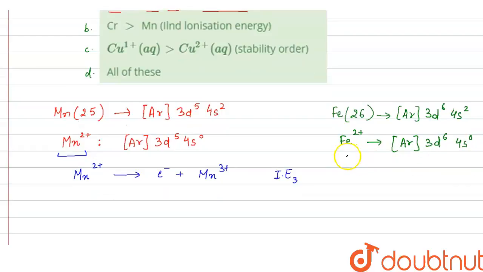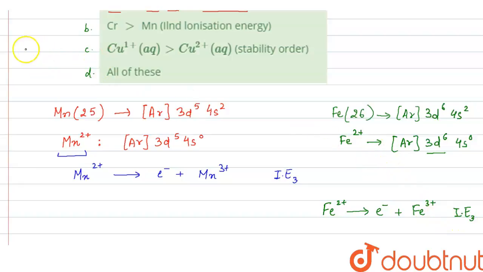Now the third electron will be removed from the 3d orbital. So when Fe2+ loses one electron from the 3d orbital, it forms Fe3+. In this case, the energy required is the ionization energy 3.